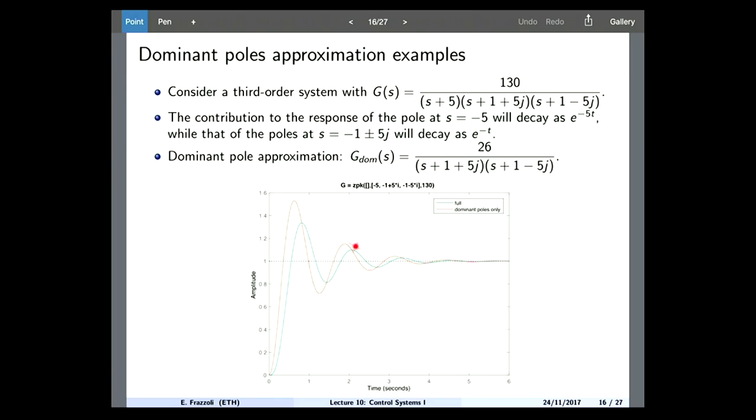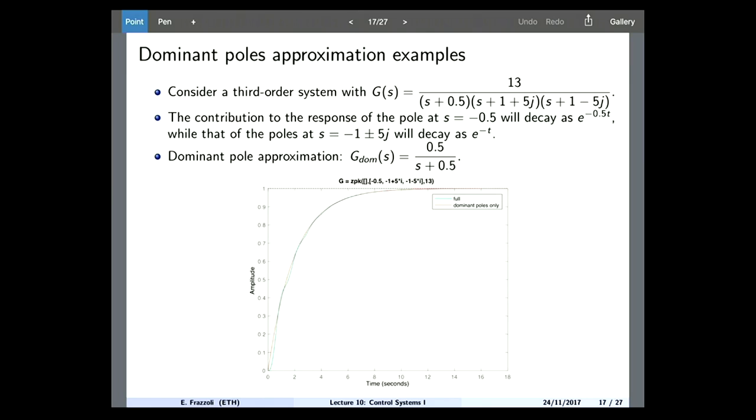The red response is the response computed considering only the dominant poles. You see that the two are not too different. They are different, right? But not too different, okay? Why is that? Because the stuff that I'm neglecting, s plus 5, is something whose error is vanishing as e to the power minus 5t, okay?